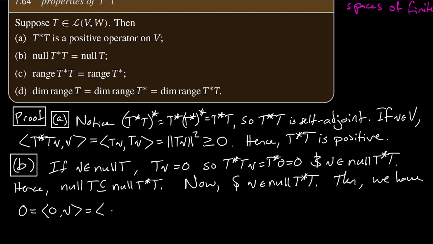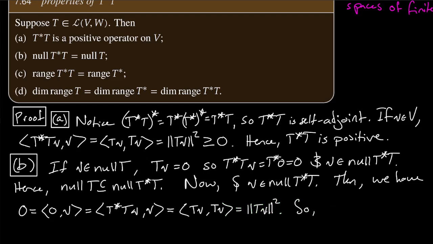Okay, but the 0 vector, that's equal certainly to T star T of V, right? Since we're supposing that V is in the null space of T star T, that means that T star TV is equal to 0. Okay, but using properties of adjoints, now I have that this is TV and that this is TV in the second argument as well. So that's the norm of TV squared.